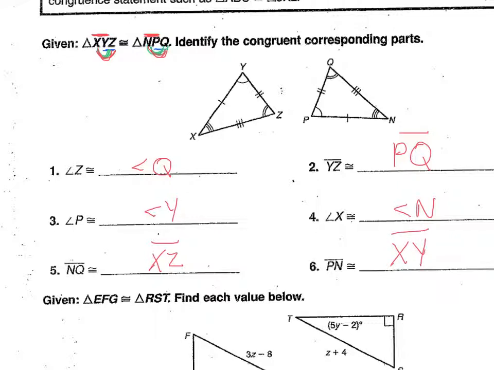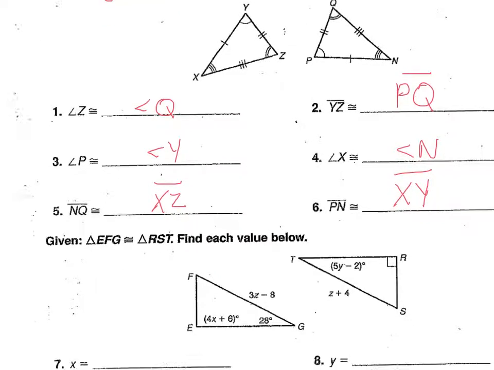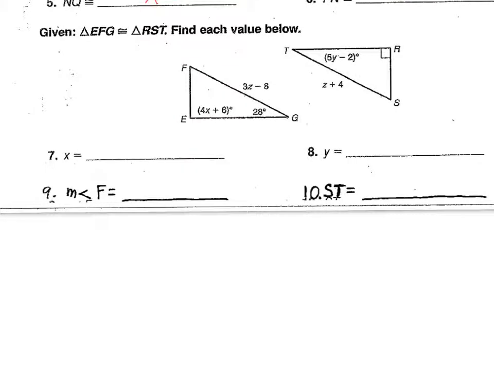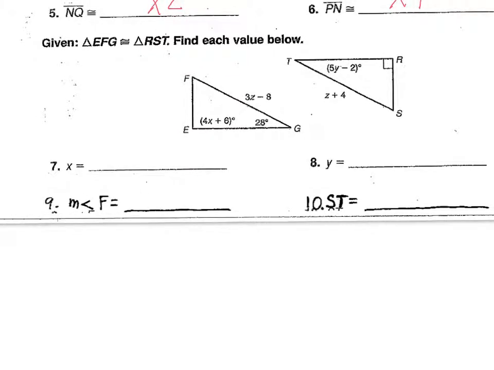So sometimes it's better to look at the statement given than to look at the picture because you could get confused. Okay? Now, on the second part, now that we know that we can just follow the statement, which is triangle EFG is congruent to triangle RST, we can say, well, if they want me to find x, I have to look at the expressions that have x.